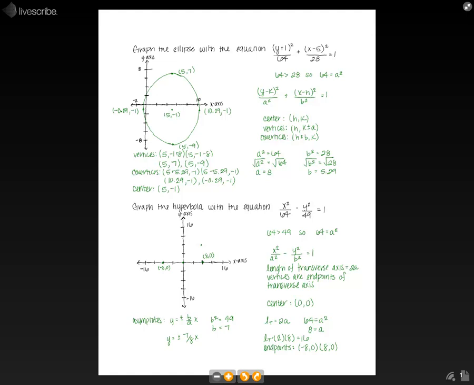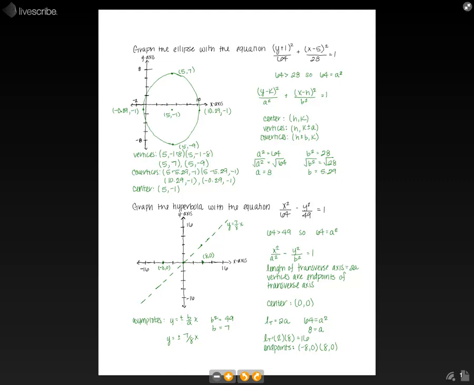That's about right here. With that point and 0, 0, we should be able to draw the line. We're going to draw these dashed lines in since they're asymptotes. That represents y equals 7/8 x.